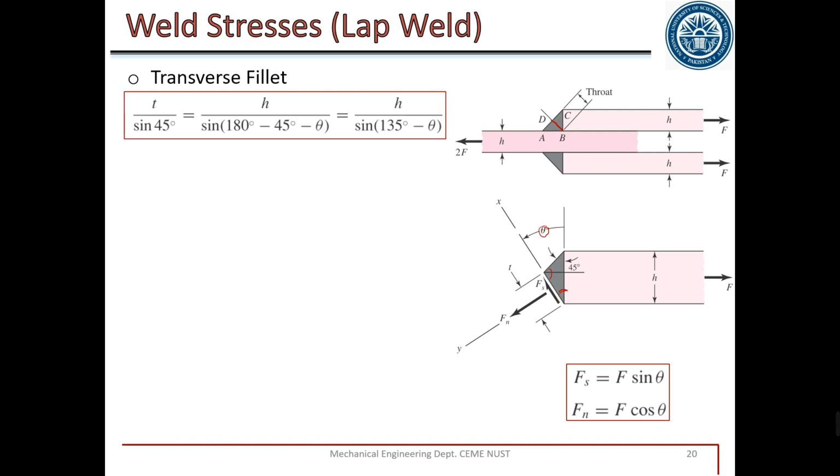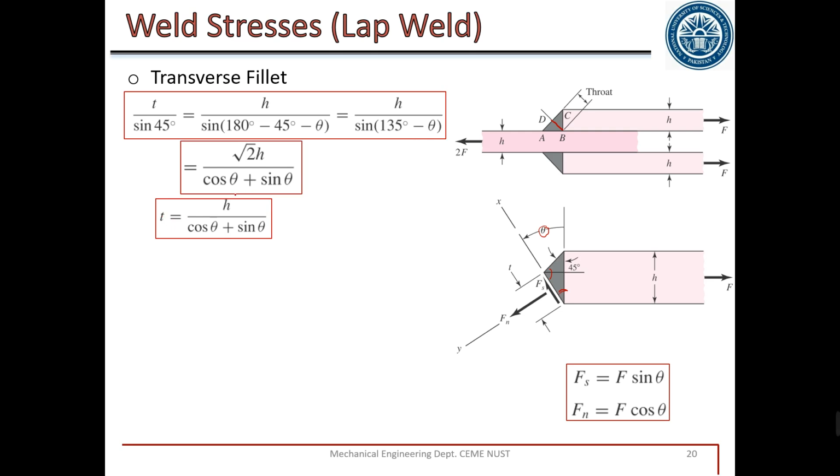So using the sine law, t by sine 45, h divided by sine of this angle, which gives us h divided by sine of 135 minus theta, and we will get the final equation between t and h. So this equation gives us the value of t as a function of h.